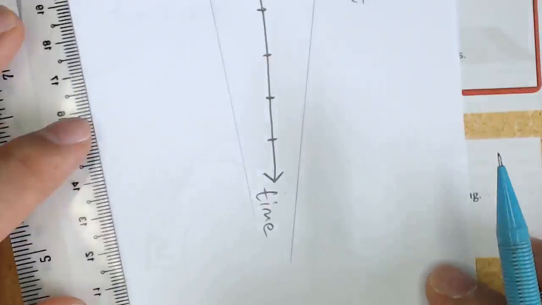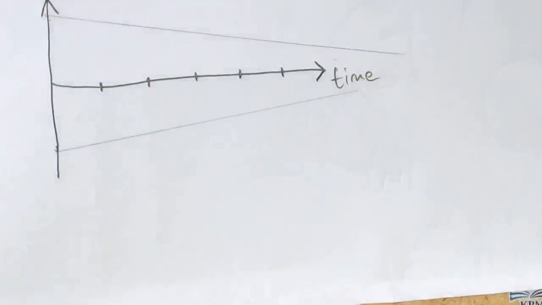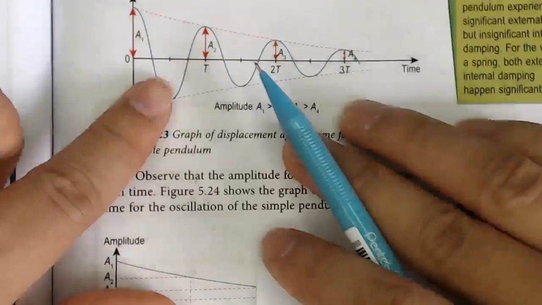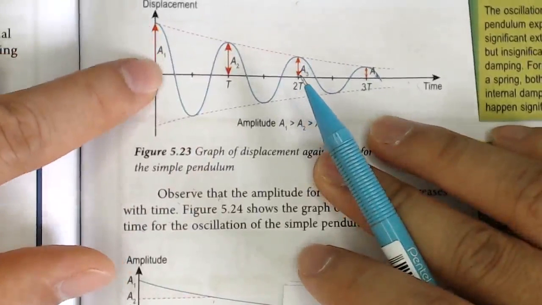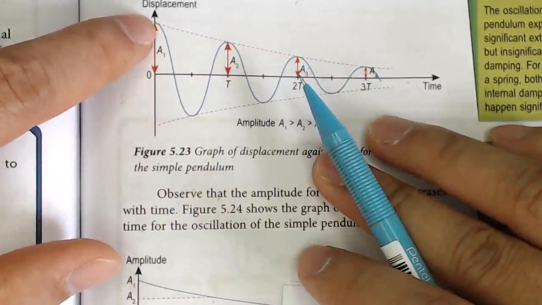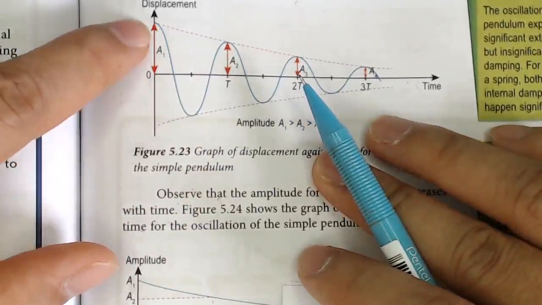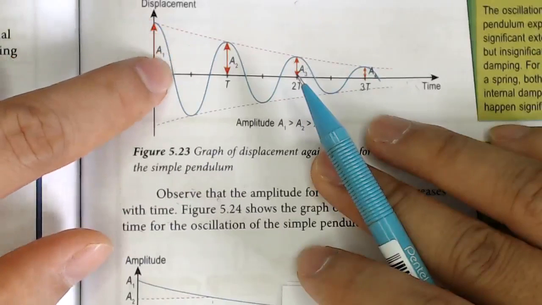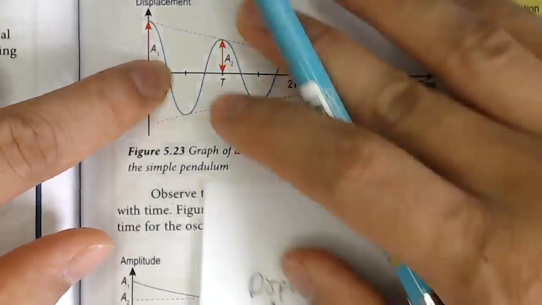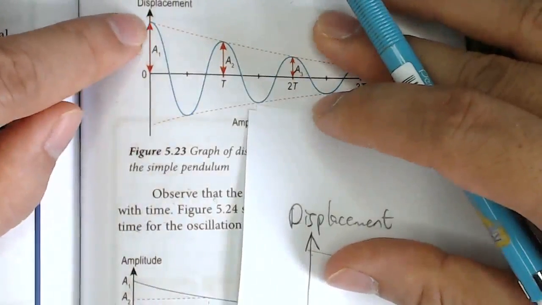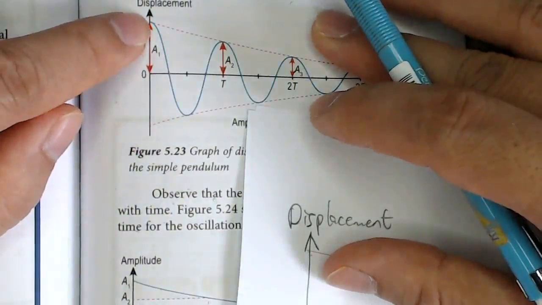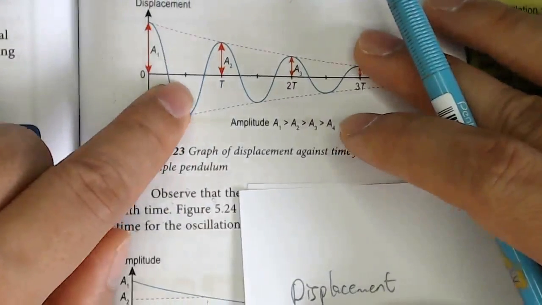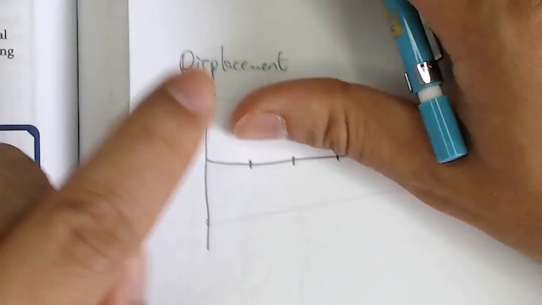Just a simple guideline. They will begin with maximum amplitude. This is the first time you displace things before it starts to swing. It's going to look like this. So here is point number 1 that we have.